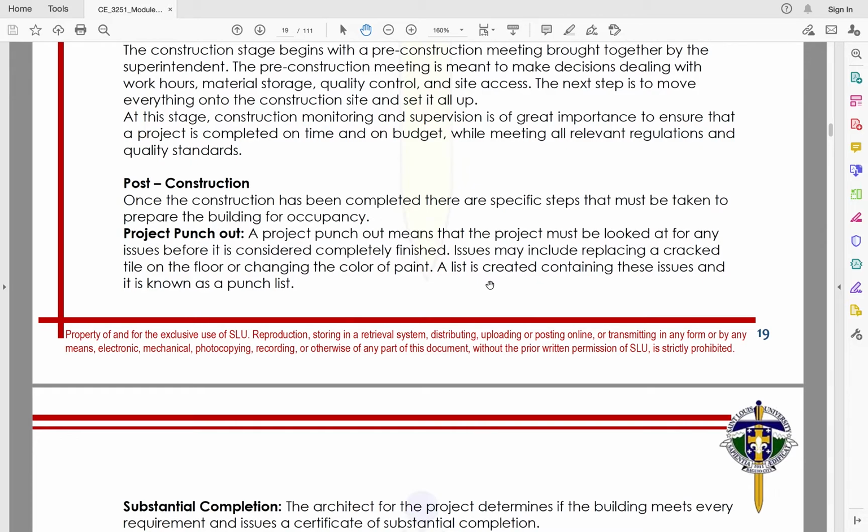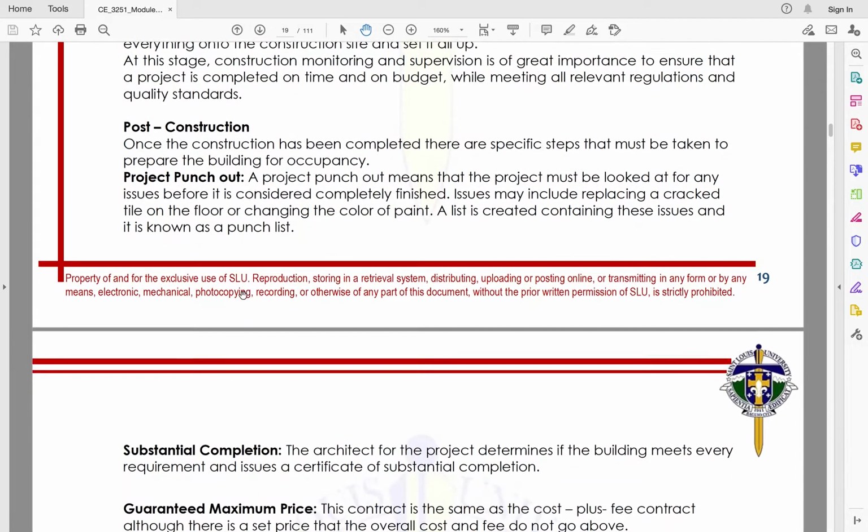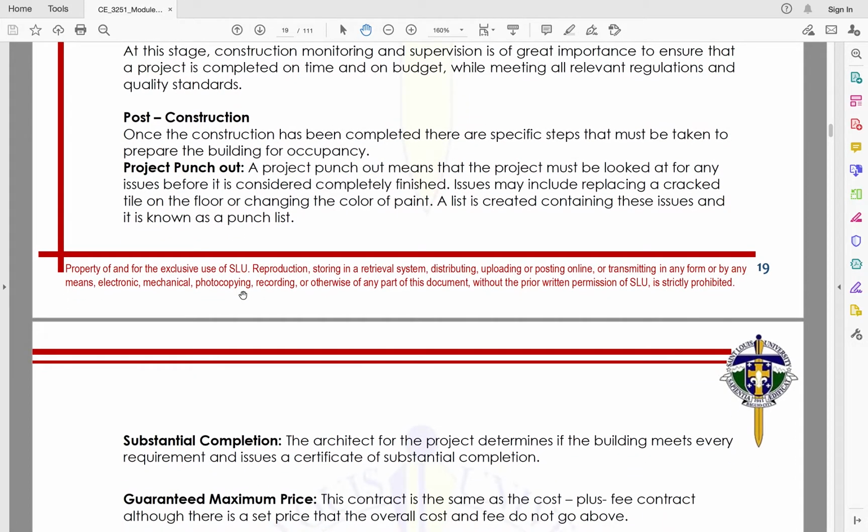Okay? So, for example, meron tayong nakitang dalawang basag na tiles, kailangan palitan yon. And pag may nakikita tayo mga kailangan pang ayusin, nilalagay natin yon sa punch list. Okay? Pag sinabi nating punch list, yan yung mga listahan ng kailangan pang ayusin. Okay? Bago natin sabihin na completely finished.